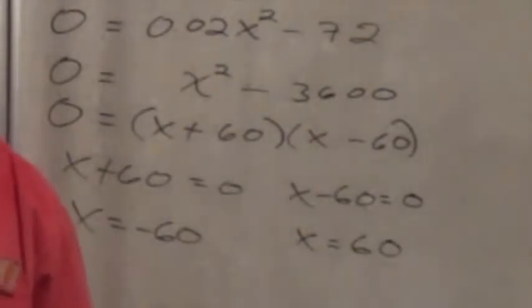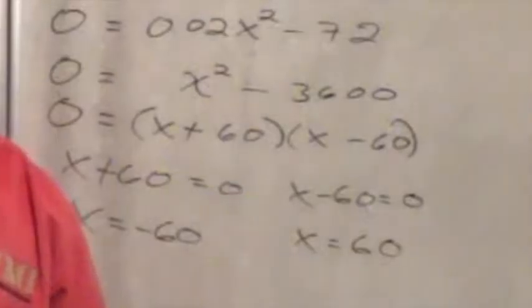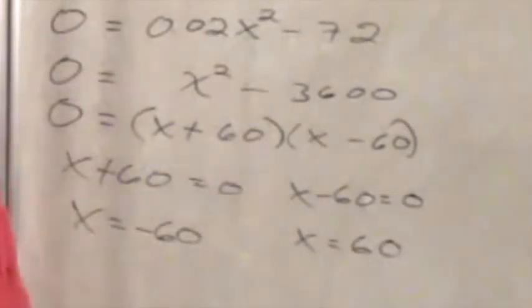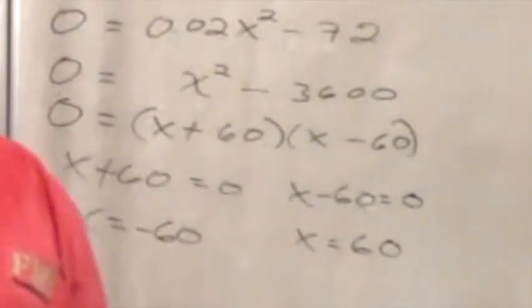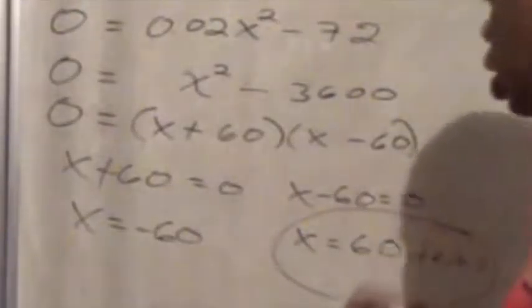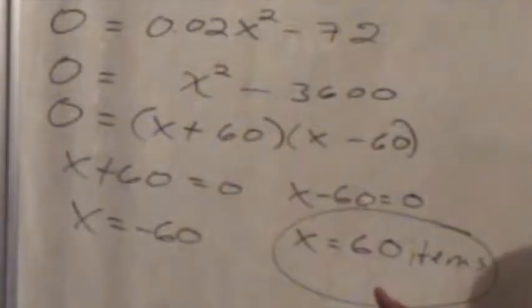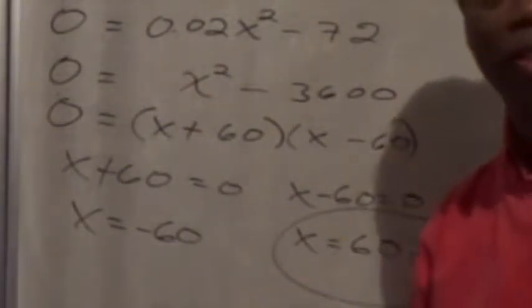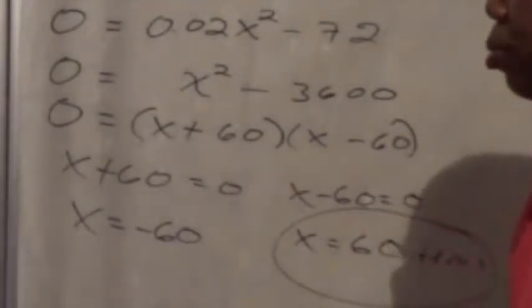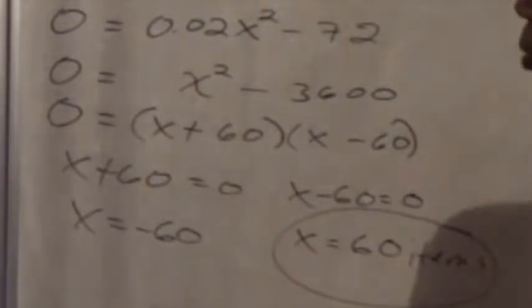Since x represents items, we cannot have negative items, so therefore x is 60. So 60 items would be the number of items that we'll need to make, or should I say the number that we actually need to buy and sell, and our cost will be minimized.